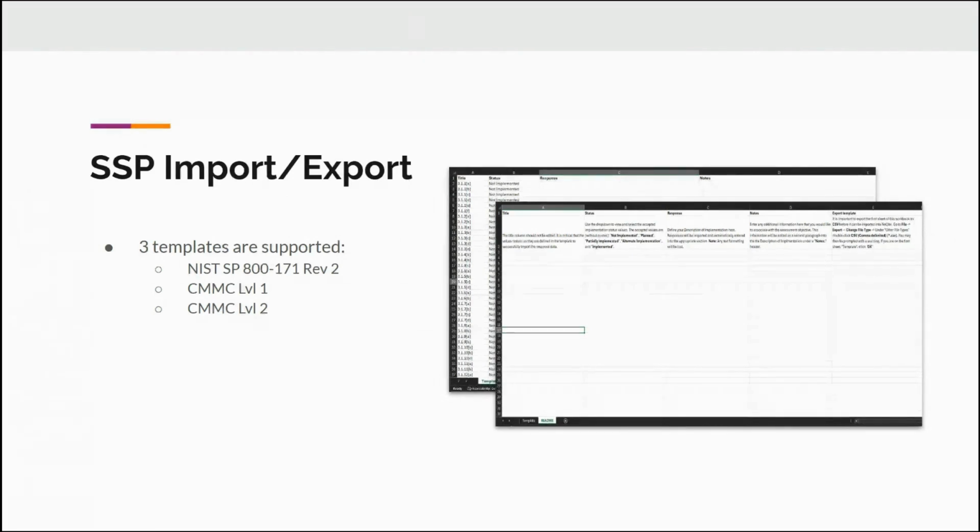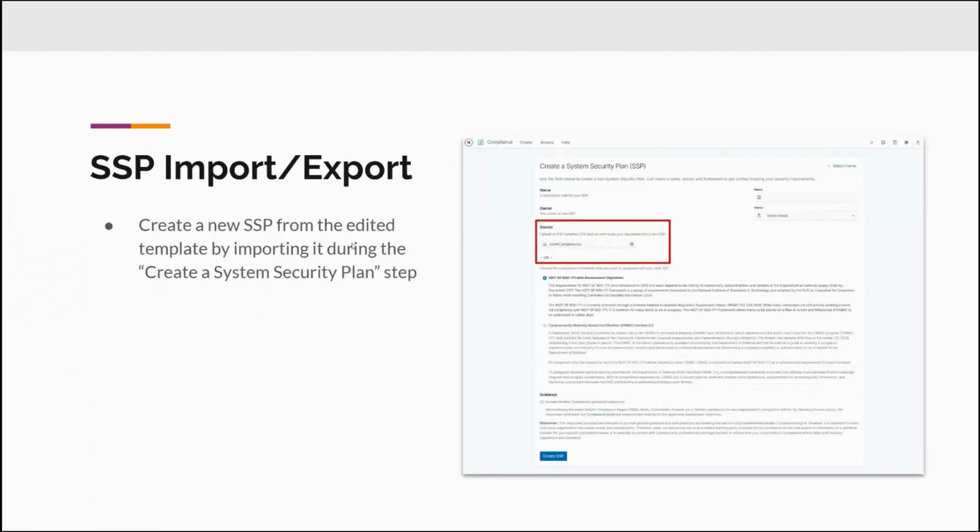So whether it's CMMC level 1 or level 2, you can download the template, add in or adjust your existing Excel to line up with the different fields or columns that we need, and then import that as a net new system security plan into NeQter. And we do have the ability, you can download just the template from the create page here.